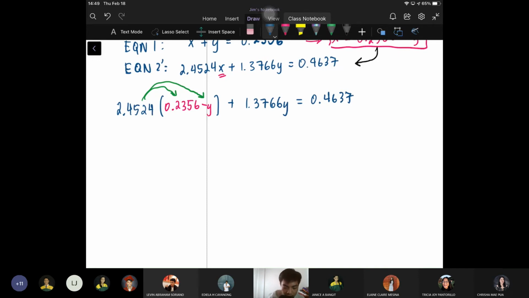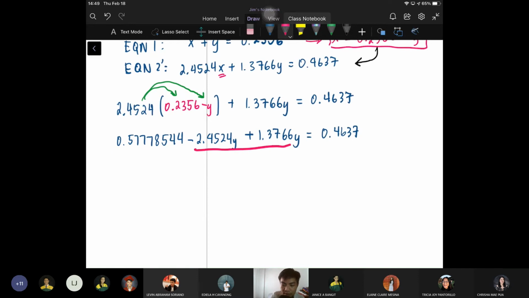So that will be 0.57778 minus 2.4524y plus 1.3766y equals 0.4637. Combine the like terms, no?